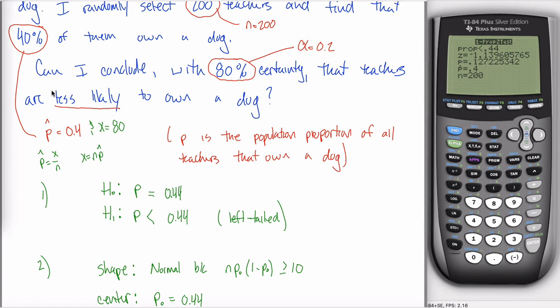two-tailed test? What if, instead of saying less likely down here, maybe I can rephrase this in such a way that instead of being a left-tailed test, it's a two-tailed test.